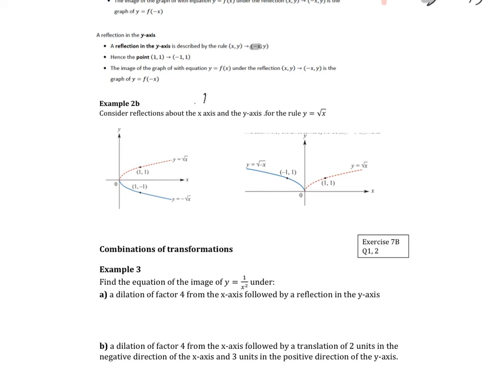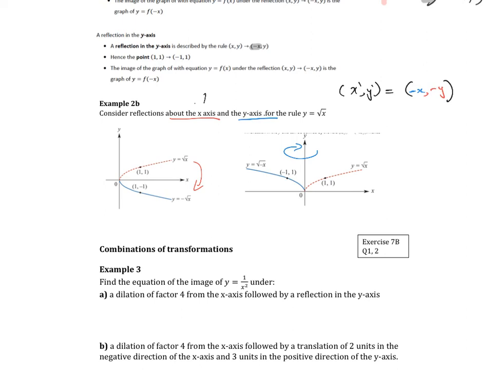So about the x-axis, well, let's do both of them. So if we reflect about the x-axis, our point x dashed, y dashed becomes, if we reflect about the x-axis, that means the y value gets affected. So we get -y. If I then reflect about the y-axis this way, I then get a -x.